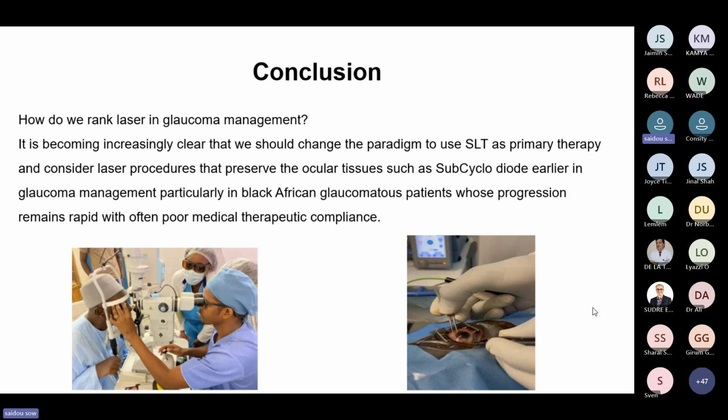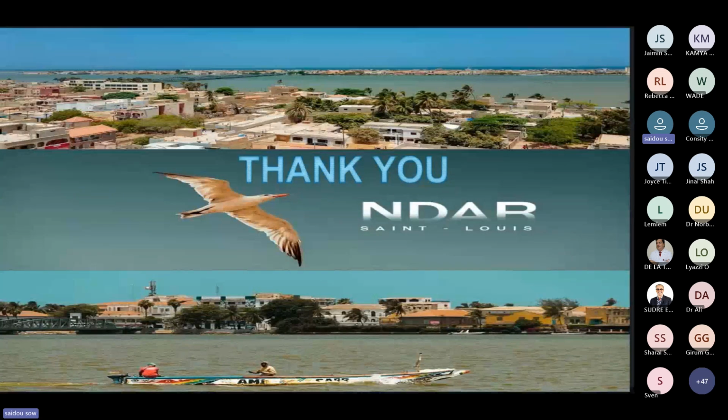And we should consider laser procedures that preserve the ocular tissue, such as Subcyclo, earlier in glaucoma management, particularly in Black African glaucomatous patients, whose progression remains very rapid and who often have poor compliance with medical therapy. Thank you for your attention, and I give it back to Emmanuel.